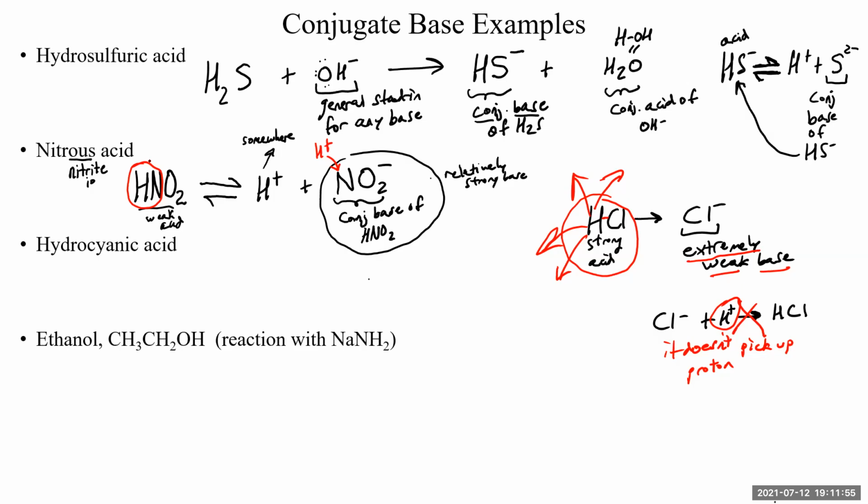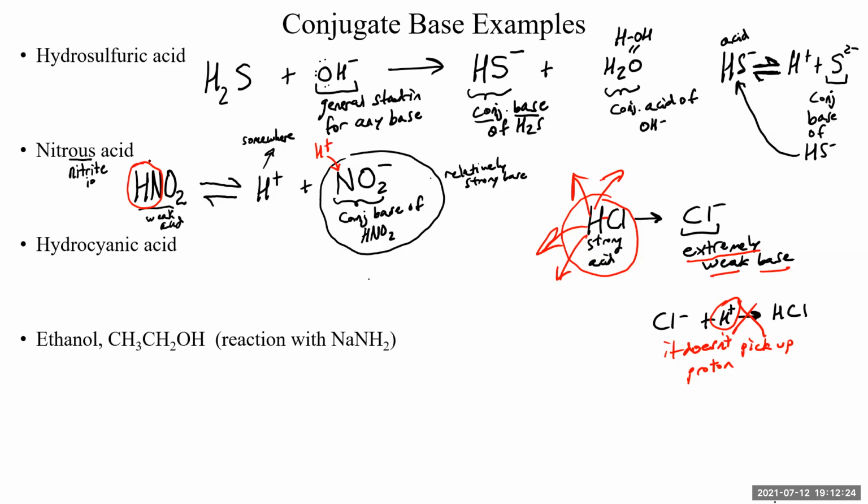It wants its protons, whereas strong acids don't want their protons, and consequently their conjugate bases also don't want their protons. So strong acids result in weak conjugate bases, and weak acids result in strong conjugate bases. And likewise for the reverse: strong bases give you weak conjugate acids and weak bases give you strong conjugate acids.